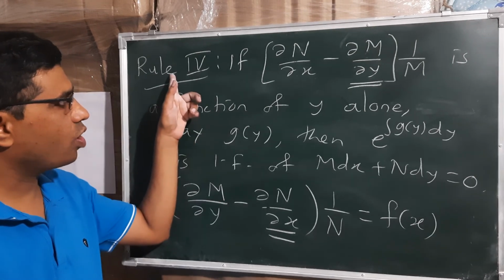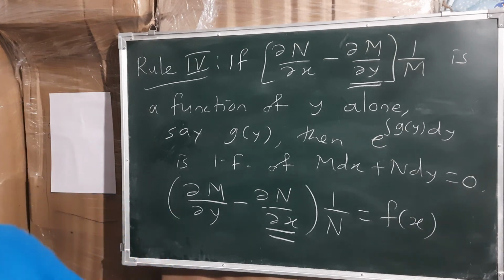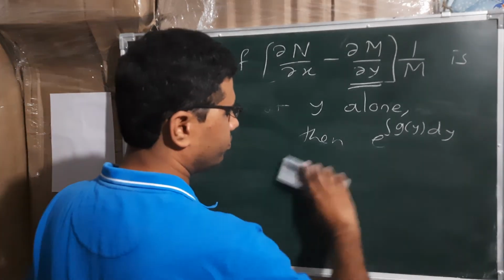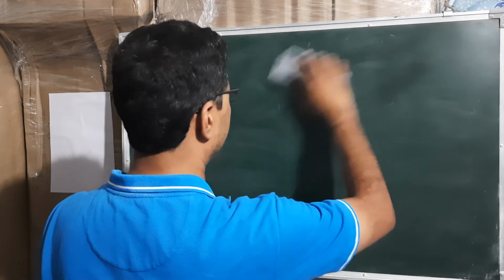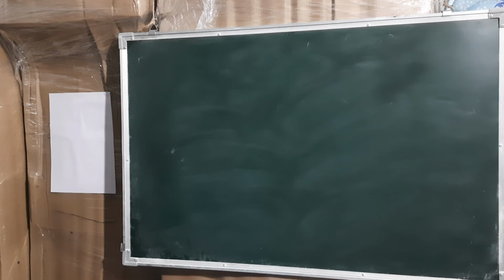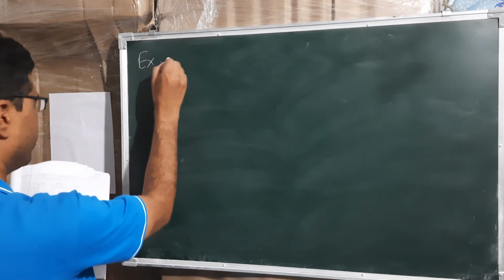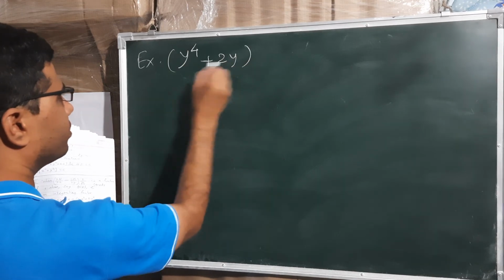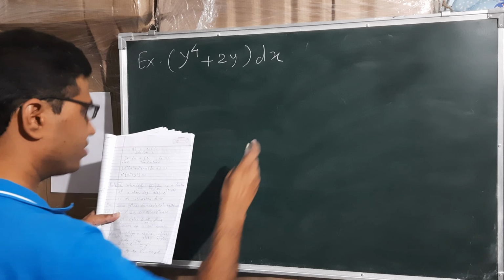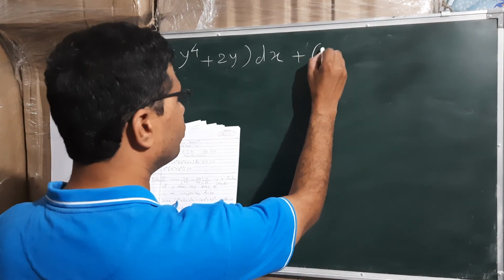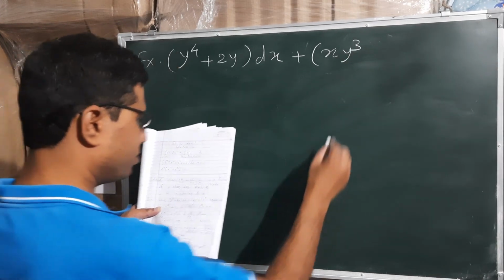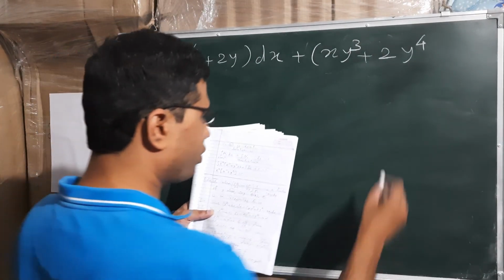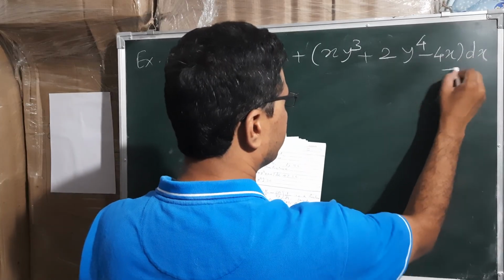We solve an example based on the fourth rule. Solve (y raised to 4 plus 2y) dx plus (xy cube plus 2y raised to 4 minus 4x) dy equal to 0.